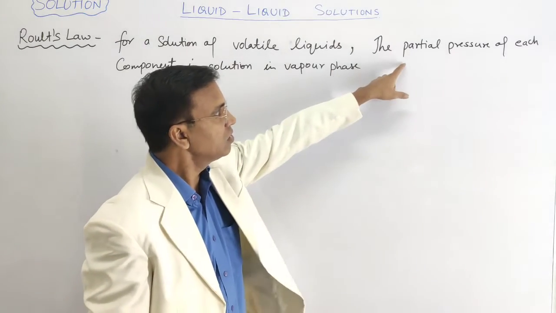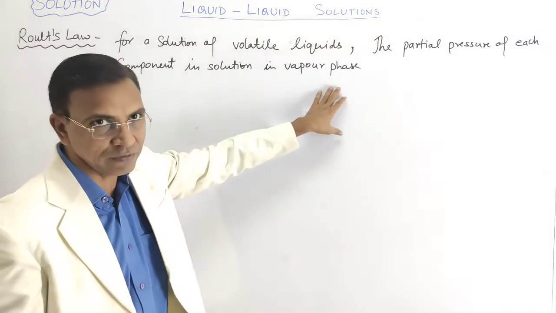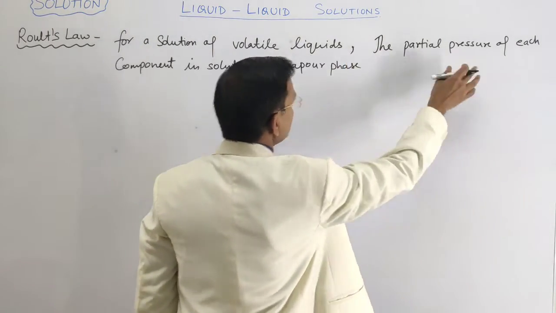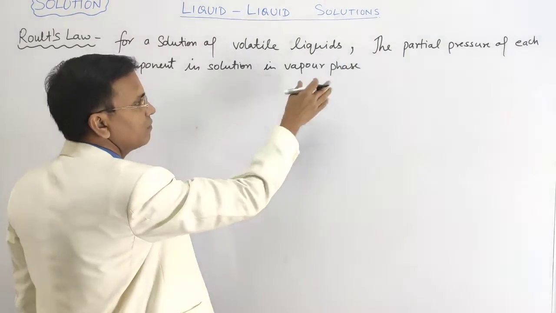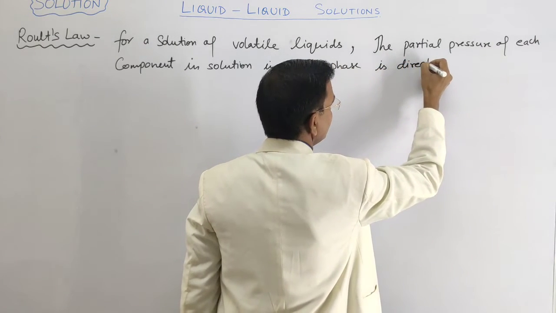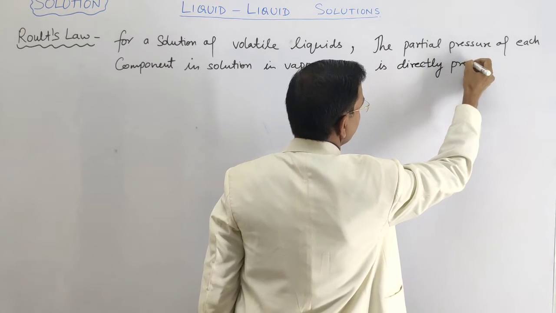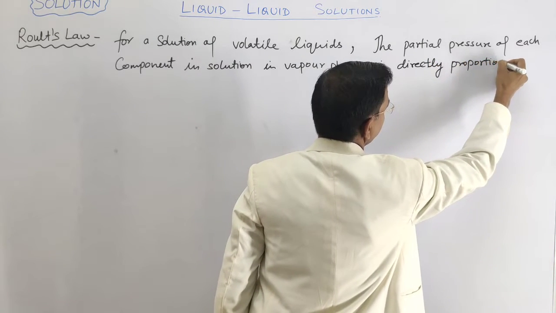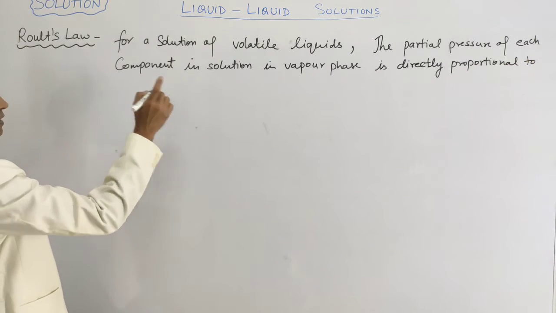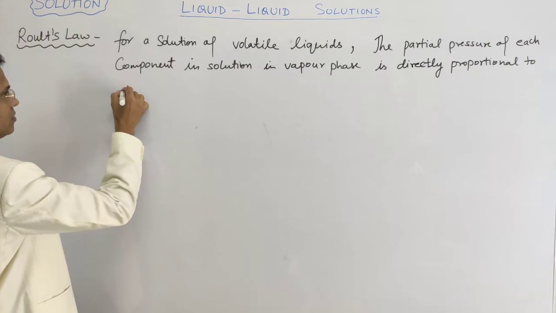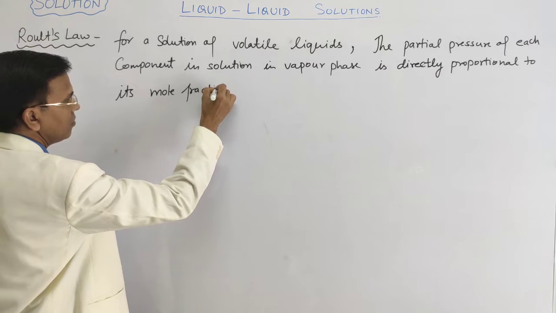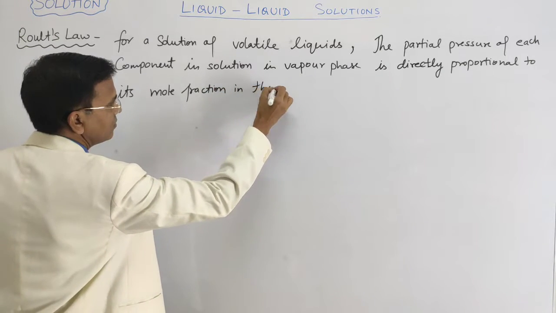So partial pressure of each component in vapor phase present in the solution, right? So the partial pressure of each component in the solution in vapor phase is directly proportional to its mole fraction in the solution.